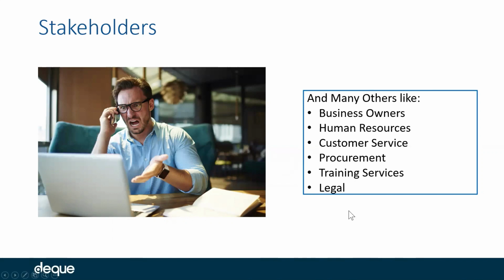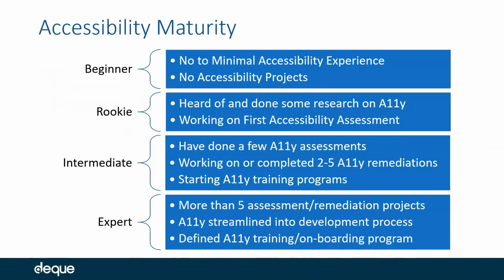Let's talk about how accessibility maturity impacts this decision. So we came up with a framework on different levels of maturity within the organizations based on your accessibility project experience. So I'm defining four different levels here. The beginner level is where you have no to minimal accessibility experience, and you have done no accessibility projects so far, either assessment or fixing of accessibility issues.